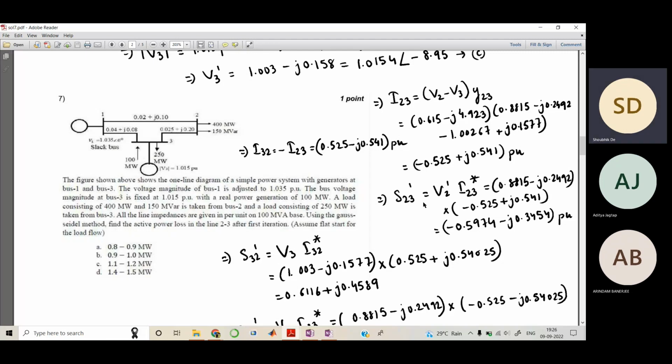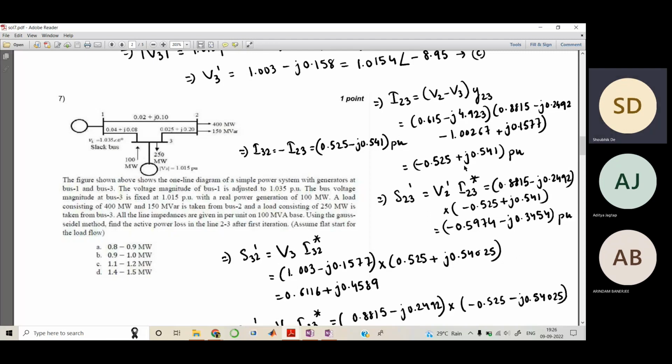The apparent power from bus 2 to 3 would be what? V2 after the first iteration into I23 star, because apparent power is V into I star, I mean the I conjugate, right? So I23 we found out is this value.